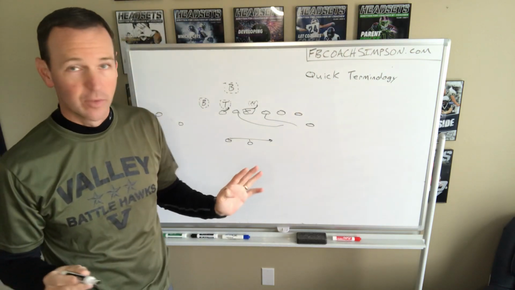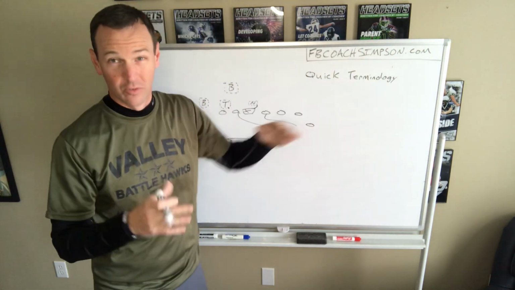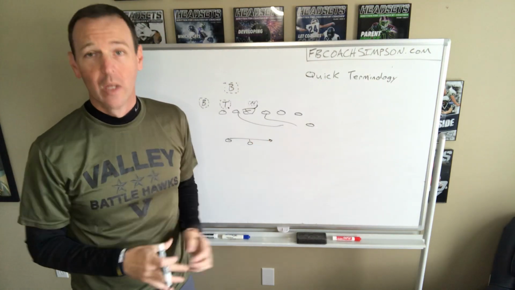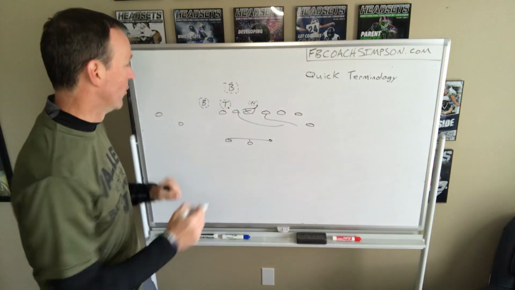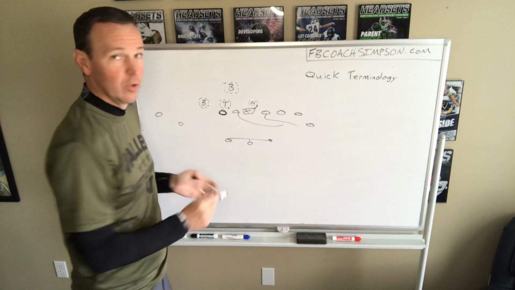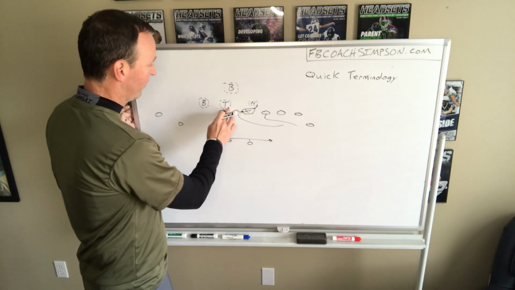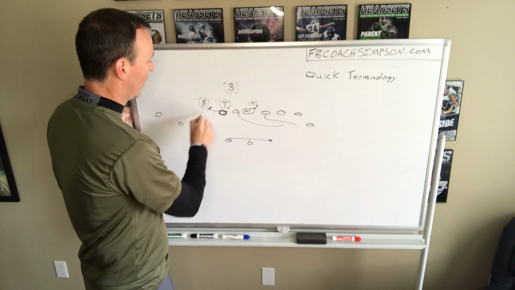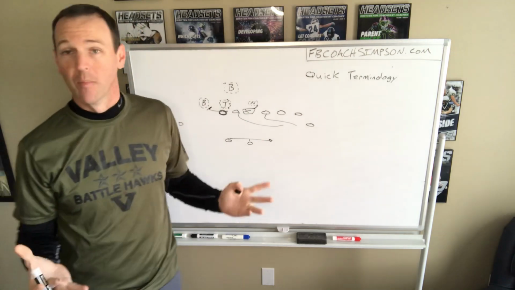That's just our base. When you get into the RPO world is where you start using these terminologies. I'm going to say RPO because I'm going to get out of the pass world here and focus just on the runs. Now we want a word that tells our quick tackle, or for you it may just be your tackle, that instead of blocking gap protection, we want to outside release and block here, and now we want to read this interior defensive lineman.